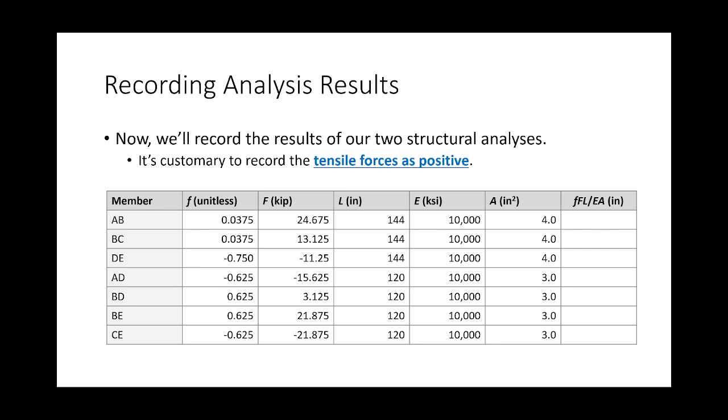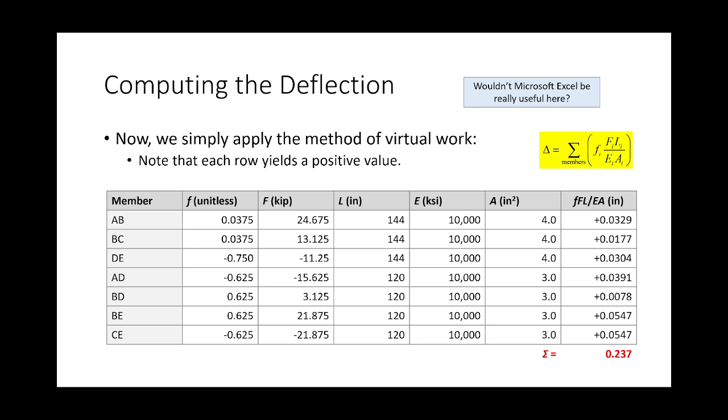So now for every member, I've got a little f, a big F, an L, an E, an A. And so now I just compute this. So little f times big F times L divided by E divided by A gives me that. Bam, bam, bam, divided by that, bam. Bam, bam, bam, divided by, so on and so forth. So you're starting to see why Excel would be pretty useful here, because you're just doing the same thing over and over again.